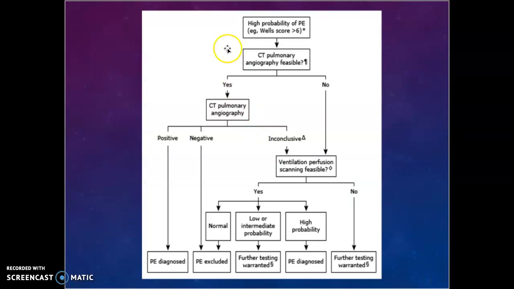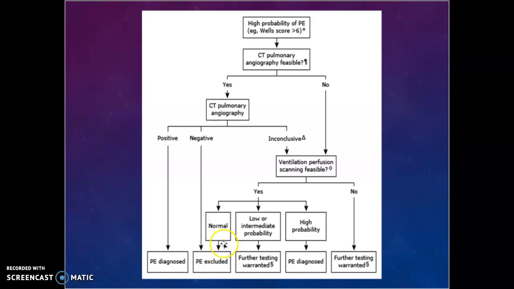So if a patient has a very high probability of PE, that is the Wells score is greater than 6, the gold standard test is CT pulmonary angiography. If a CT pulmonary angiography is feasible, you do that, and if it's positive, you have a perfect diagnosis of PE right there and then. However, if it's negative, it excludes PE.